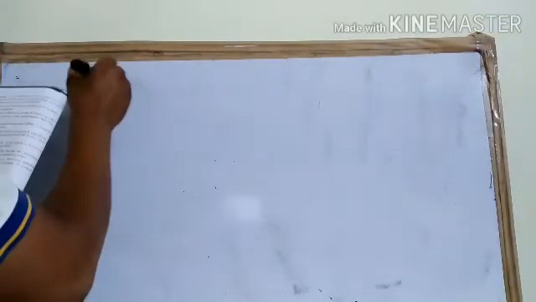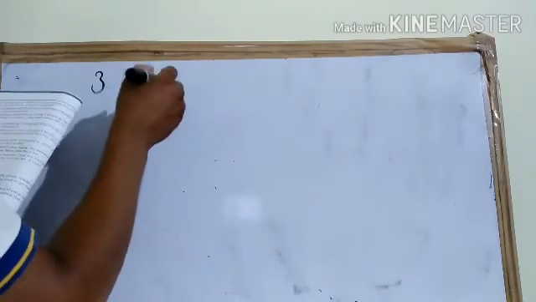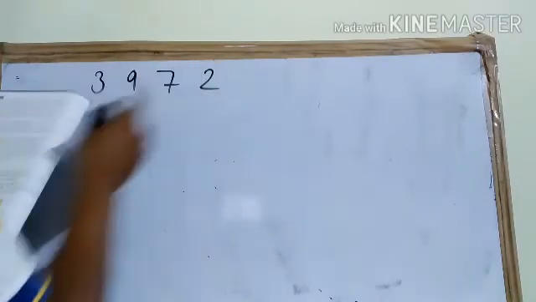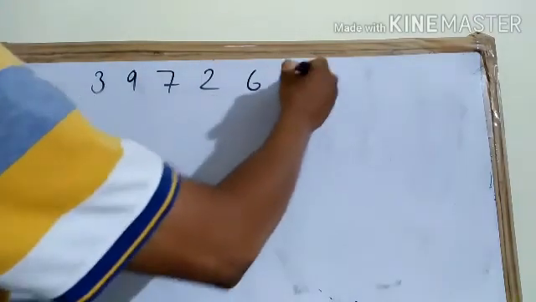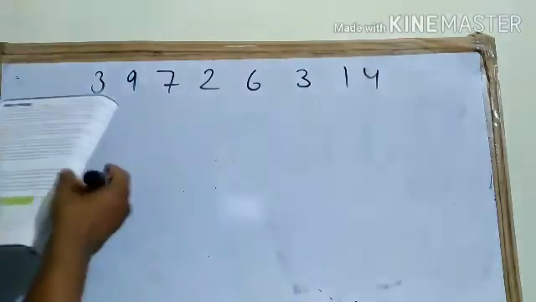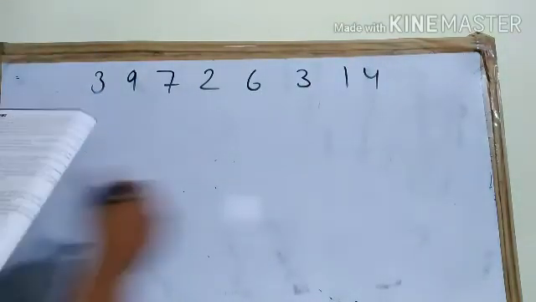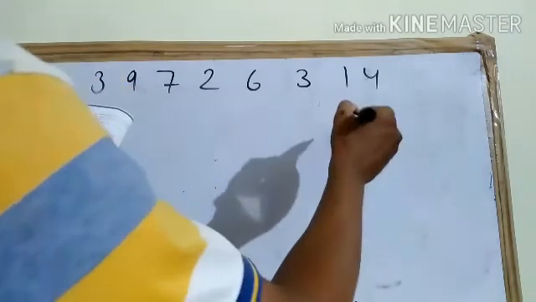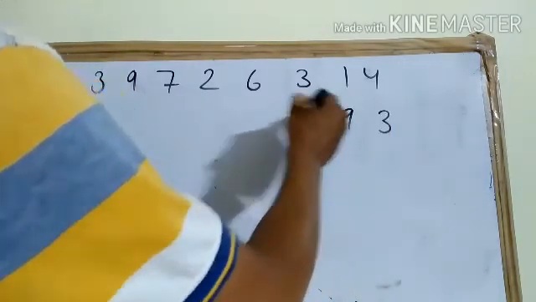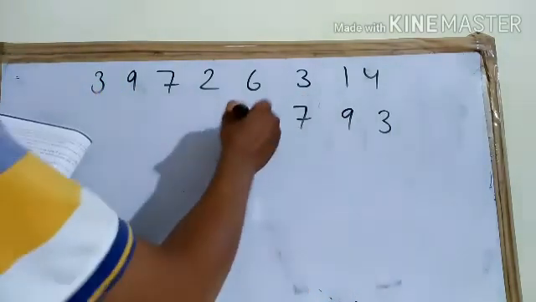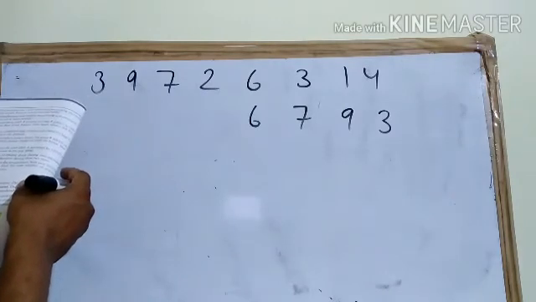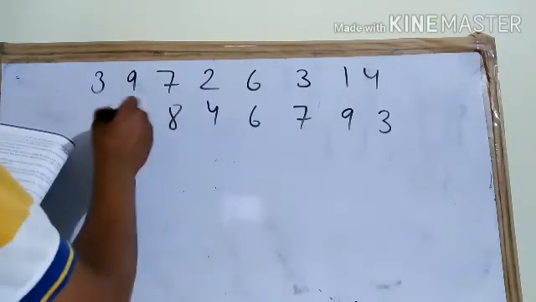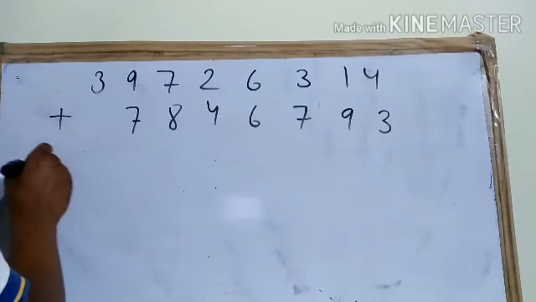Make the columns 3, 9, 7, 2, 6, 3, 1, 4, and we start from extreme right. Below it 7, 8, 4, 6, 7, 9, 3, and use plus sign here.